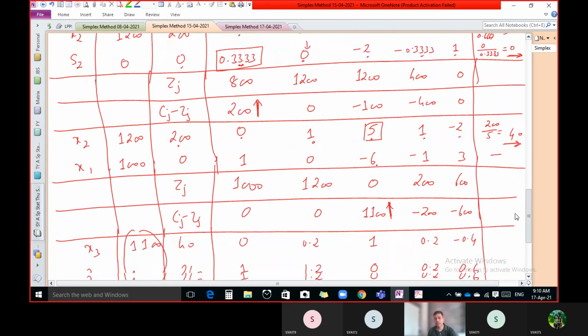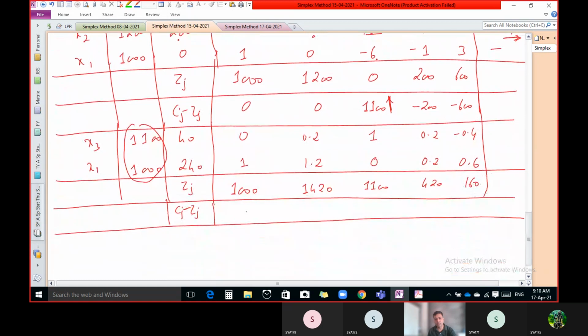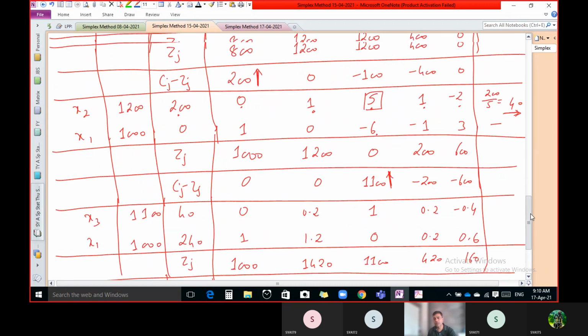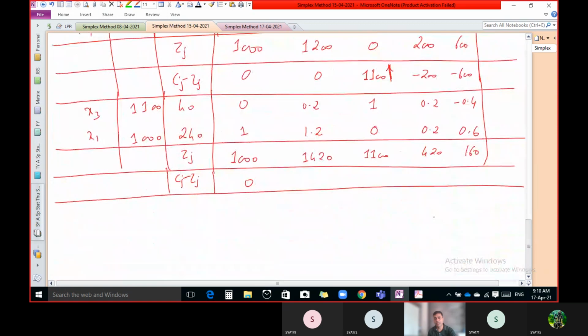So 1000 minus 1000, 0. 1100, sorry, this is 1200. The next value is 1200. So 1200 minus 1420, we get minus 220. Then 1100 minus 1100, 0. Then 0 minus 420 is minus 420. 0 minus 160 is minus 160.